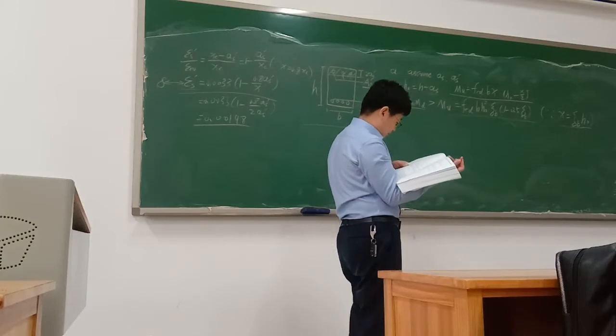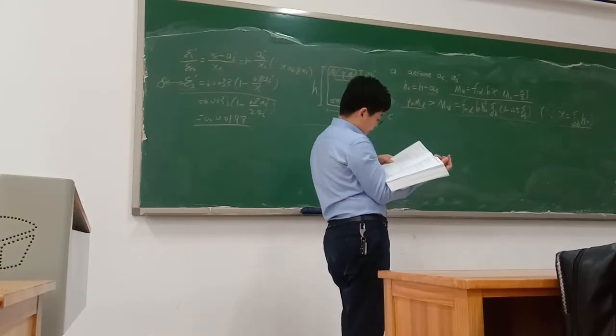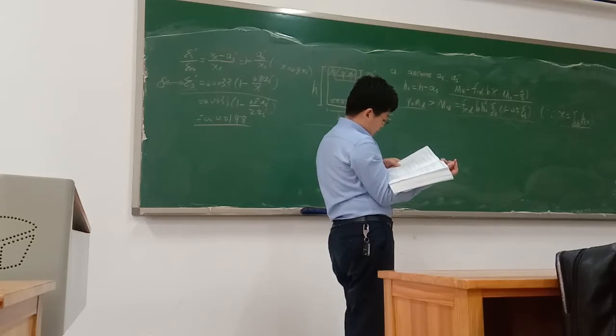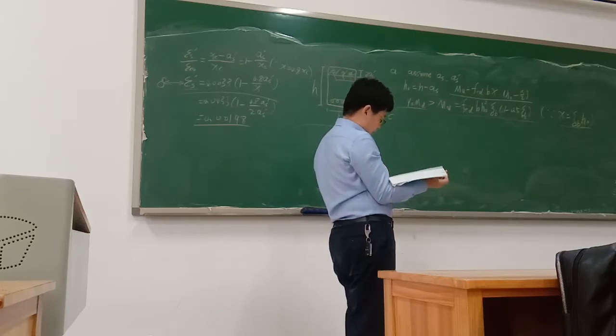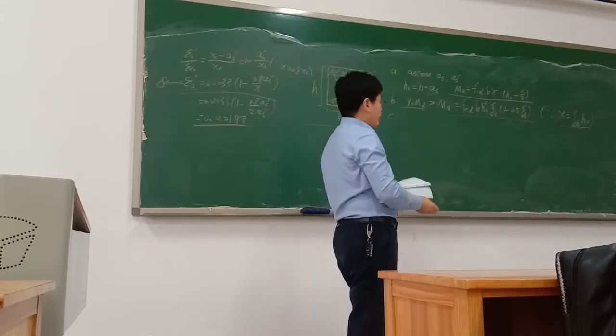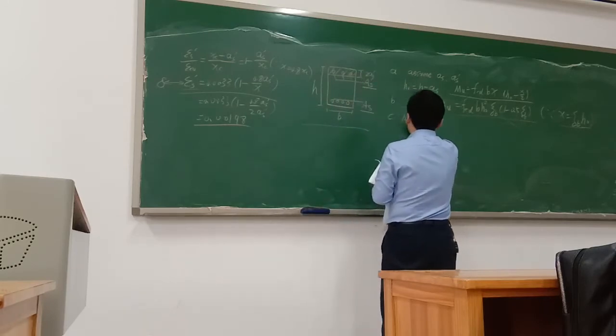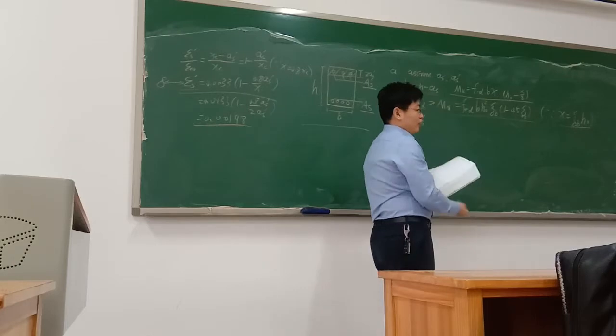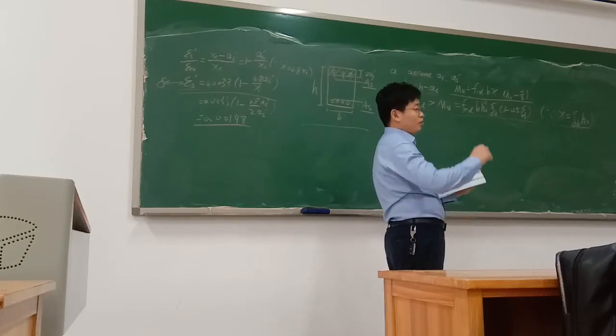Step C. You see in the book, they say we make AS plus AS prime more economical, because you have many choices.